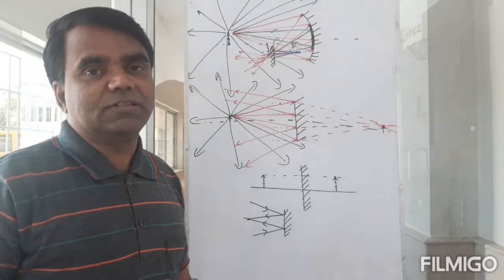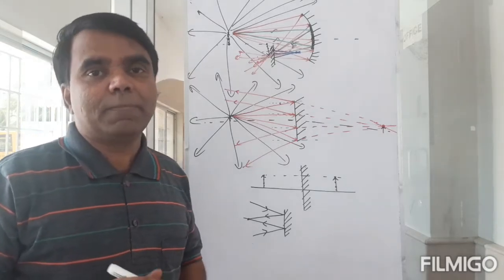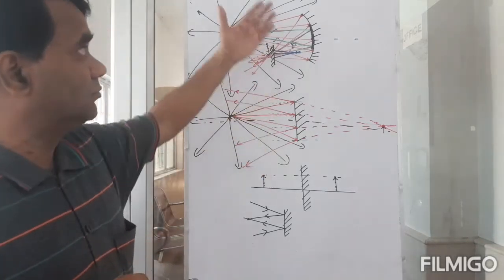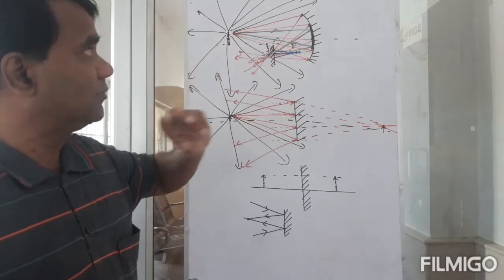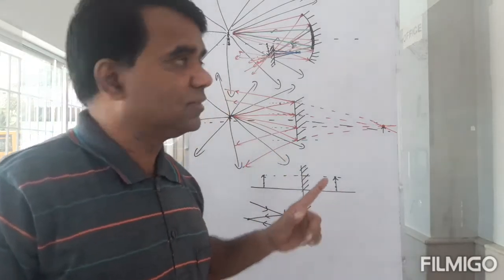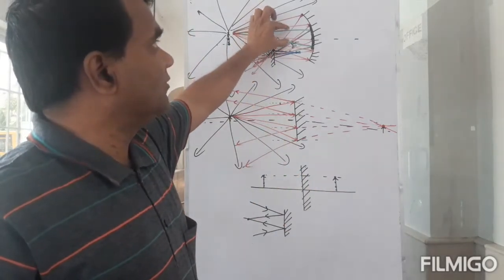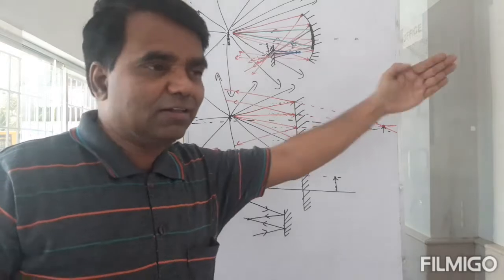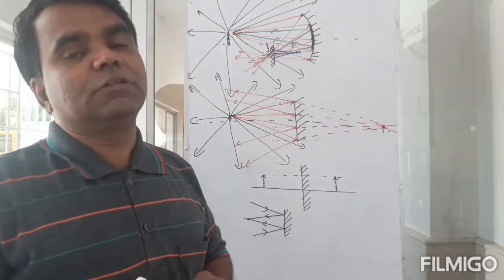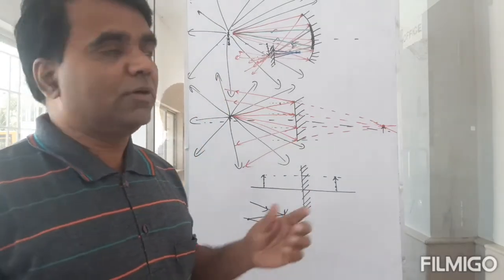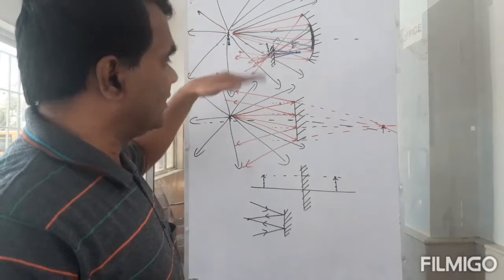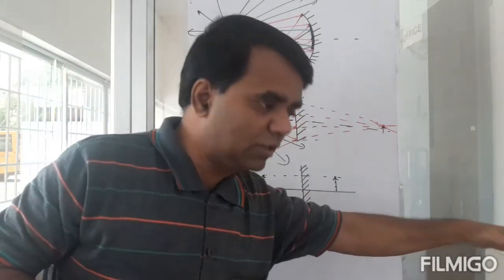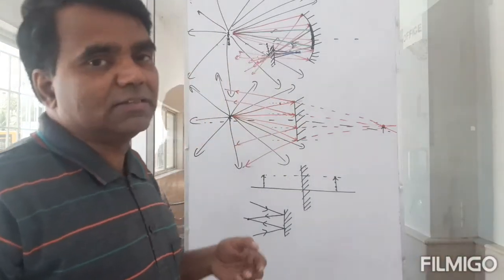I want you to understand this. There are basically two things. You are using these lines for your convenience, the green lines: the parallel line, and the ray that goes through the focal point will be parallel to the axis.